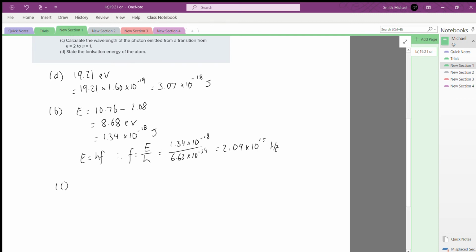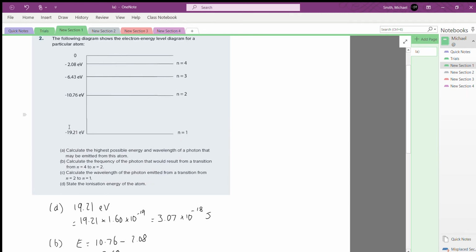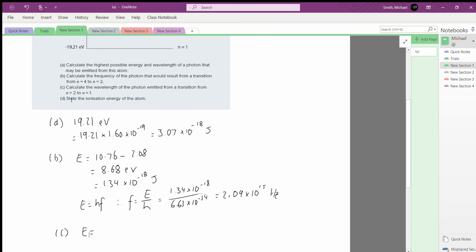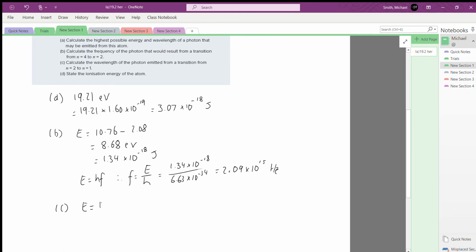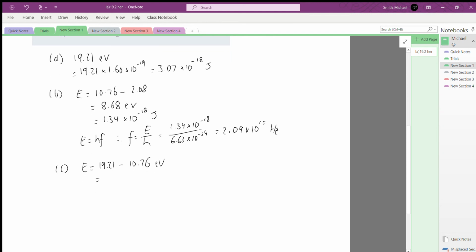We need to first work out the energy of the photon, so that will be 19.21 minus 10.76 electron volts, which happens to be 8.45 electron volts, which if we convert to joules by multiplying by the charge of an electron, we get 1.35 times 10 to the power of minus 18 joules.